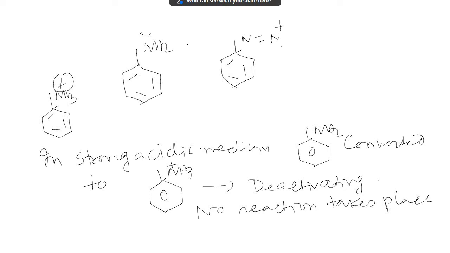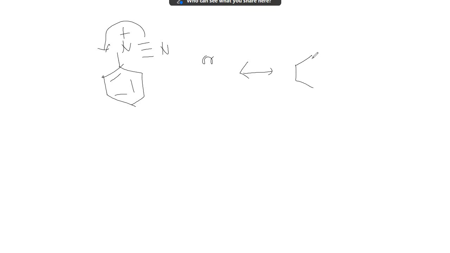Now, suppose I have taken only N2. If the positive charge on the nitrogen atom can be increased, in such a case it can couple with a substituent which is not as activating as OH or NH2.